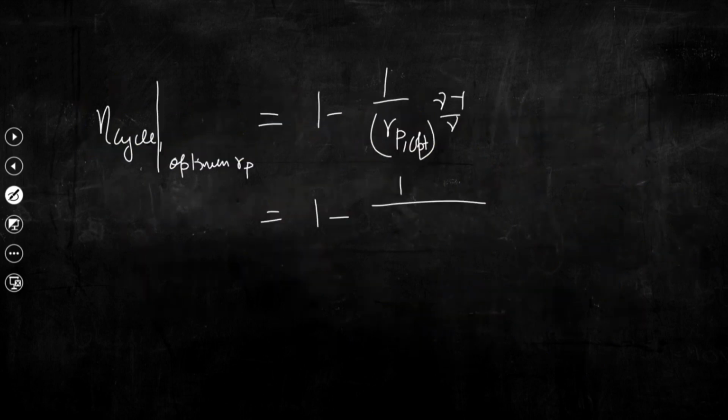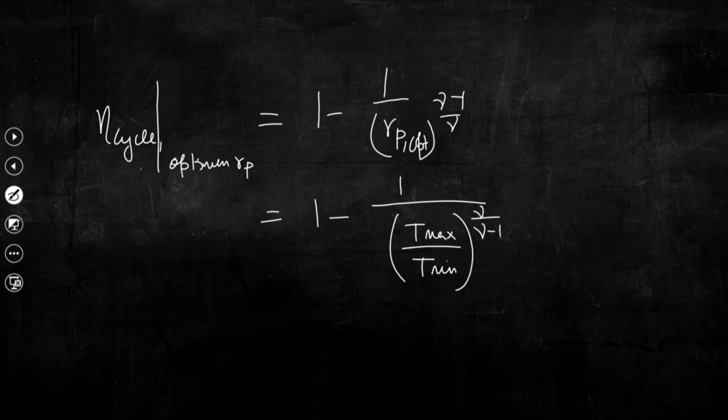We can write that is T max by T min. So, Rp optimum is Rp max half. So, that is gamma by gamma minus 1 into gamma minus 1 divided by gamma under root.